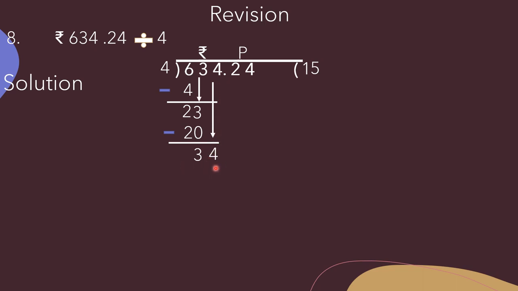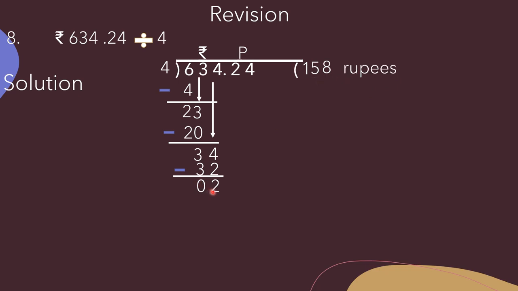Now we have to divide 34 by 4. So here we will get 8 as quotient. Okay, and here we will write 32. So now we have to subtract. So 4 minus 2, that is equal to 2. Okay, so beta, here in the rupees column 2 is left. So how many rupees do we have there in the quotient place? That is 148. So here we will write rupees.